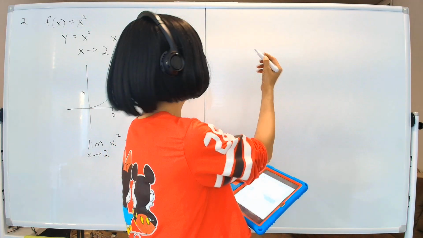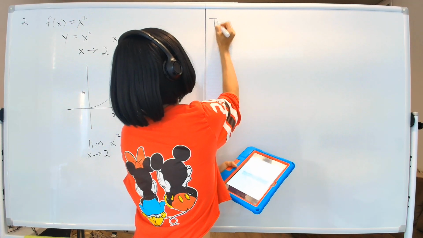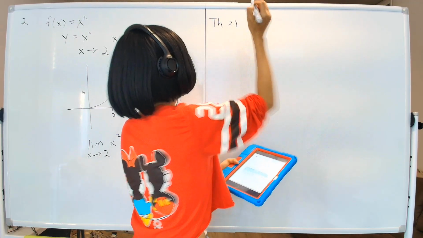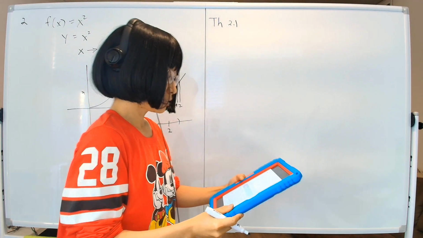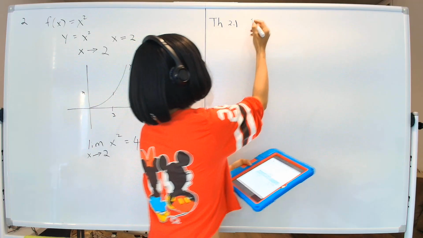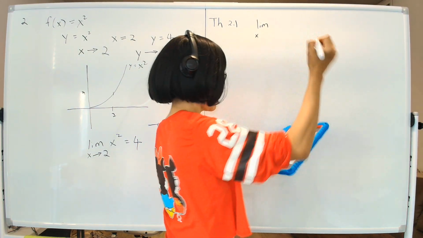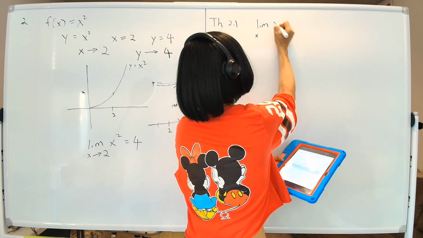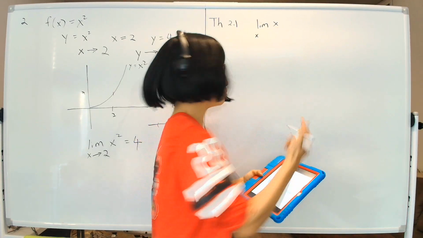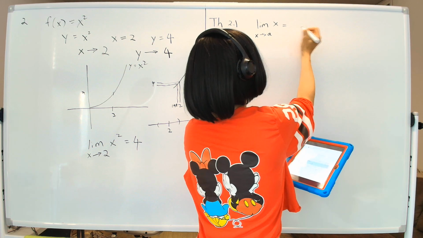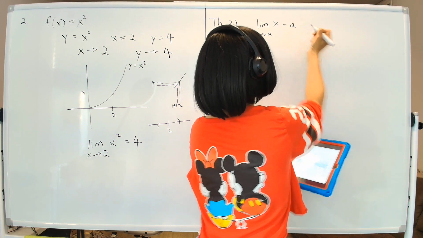Theorem 2.1, which says the limit of x, as x approaches a number, equals the number.